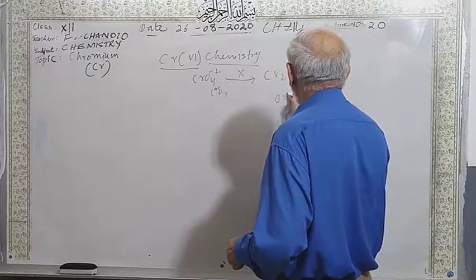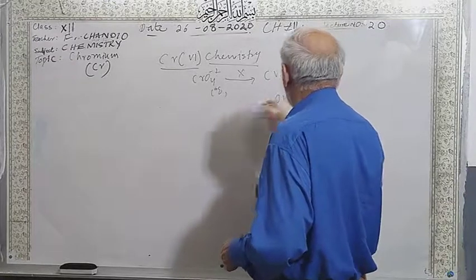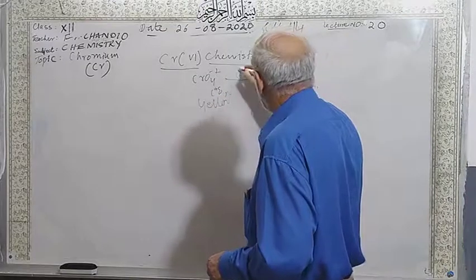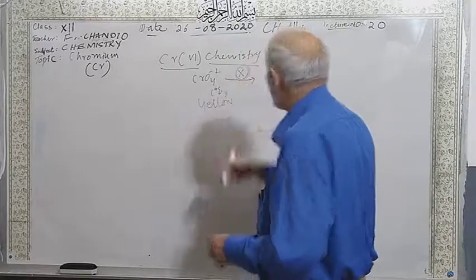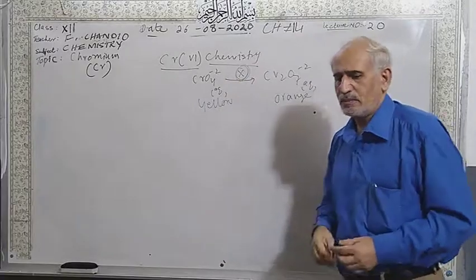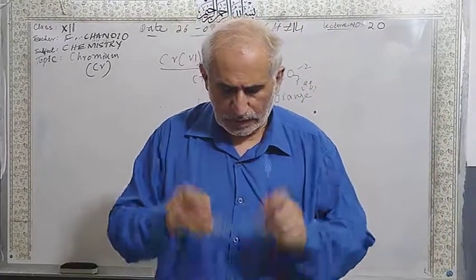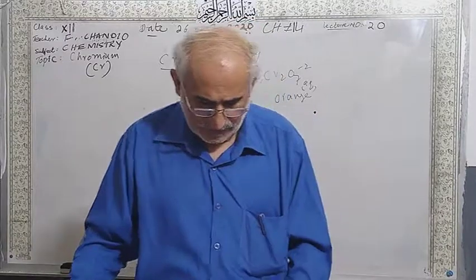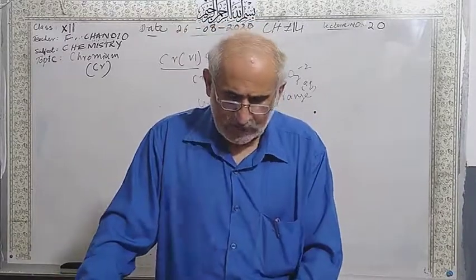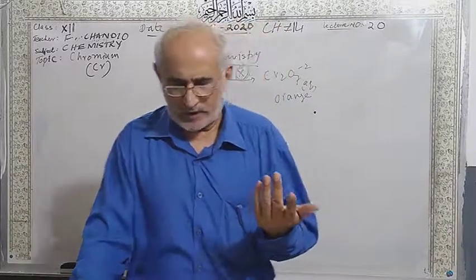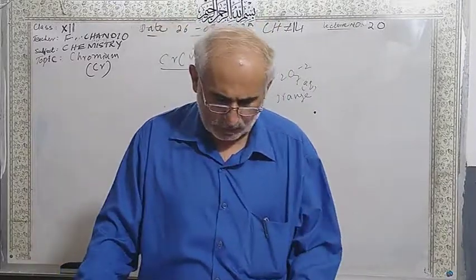This is orange and this is yellow. You can't convert it without taking precautions first. What precautions do we have to take for the conversion of chromate into dichromate?